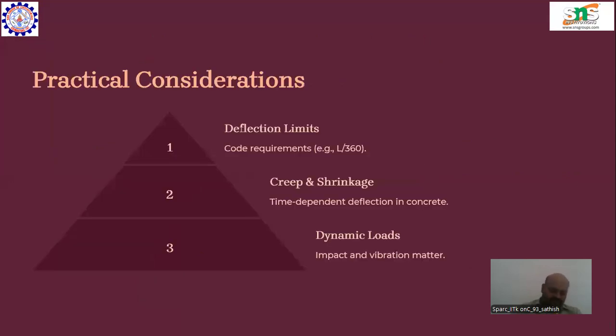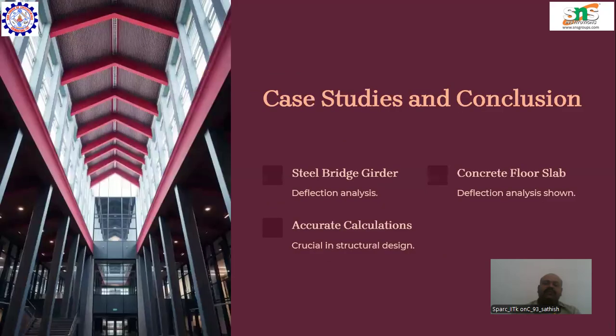So we have to consider practical things that are available. One is deflection limits. So the code requirements to calculate deflection: creep and shrinkage, time-dependent deflection in concrete, dynamic loads, impact and vibration matter. So these are the practical considerations that need to be considered.